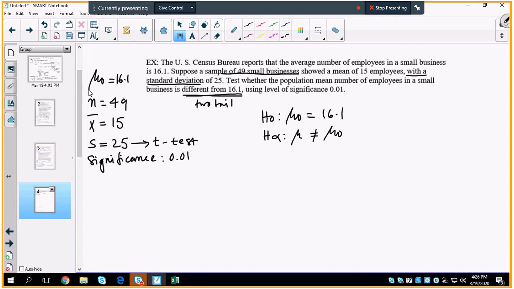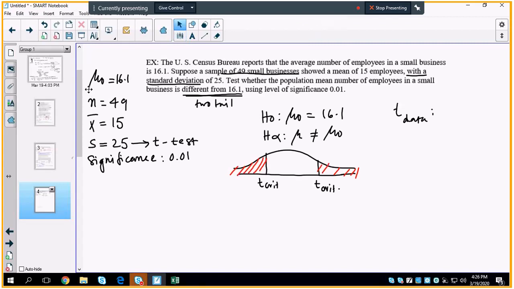So I will do both-tail test, and I will get two critical numbers, one on the right, one on the left, and both of them are t critical because I'm doing the t-test. And then I will shade my rejection region on the left and right. And remember, nothing else I will do by hand. I'm using the spreadsheet, so I will say this is t data, and I will find that from the spreadsheet as well. So let's fill in the blanks in the spreadsheet.